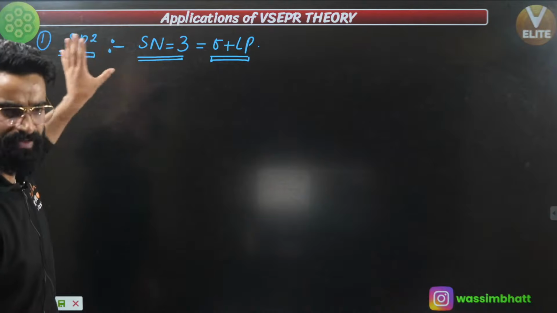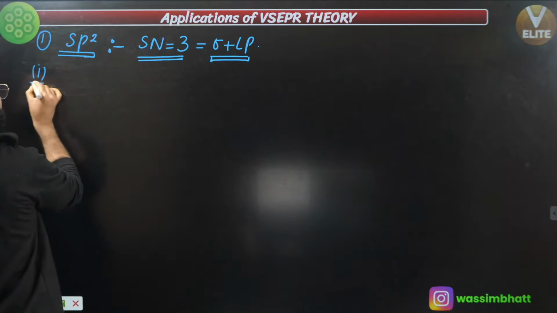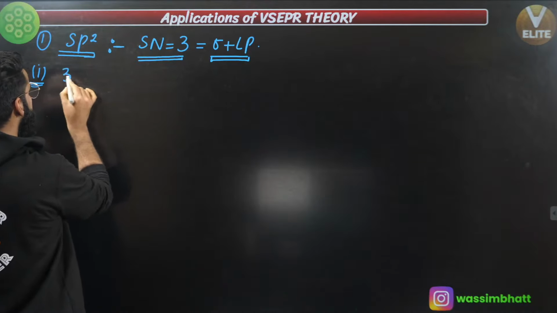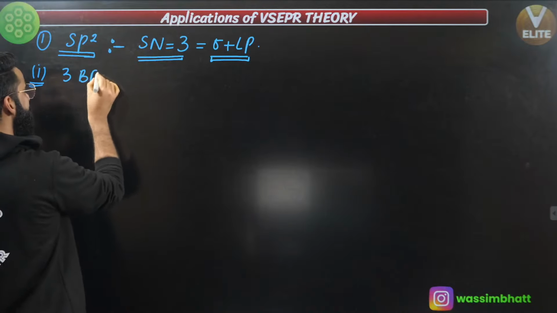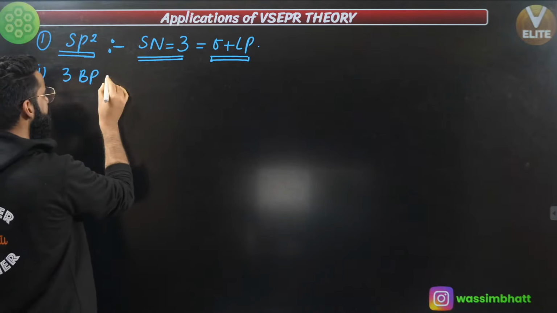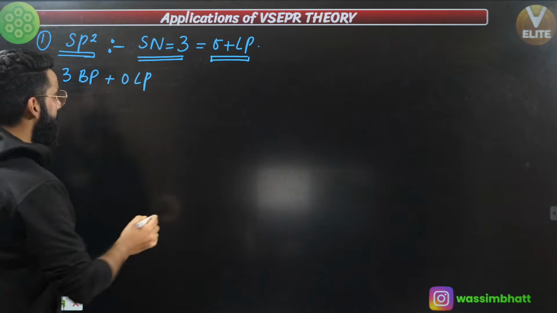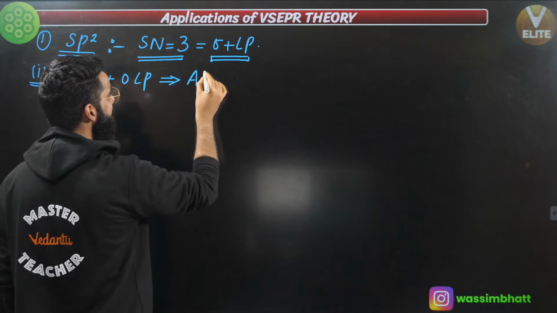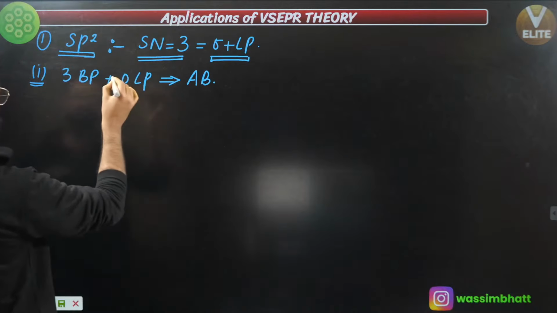And in this case, my first sub case is I have got a molecule which contains 3 bond pairs, or 3 sigma bonds, I'll say. I've got a molecule in which there are 3 bond pairs and 0 lone pairs, right?